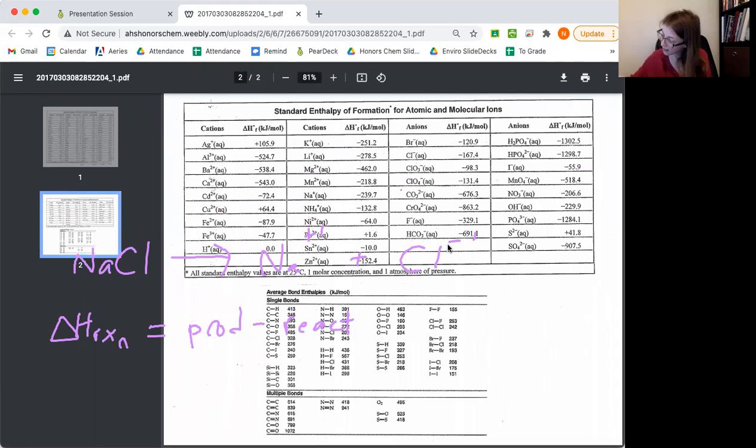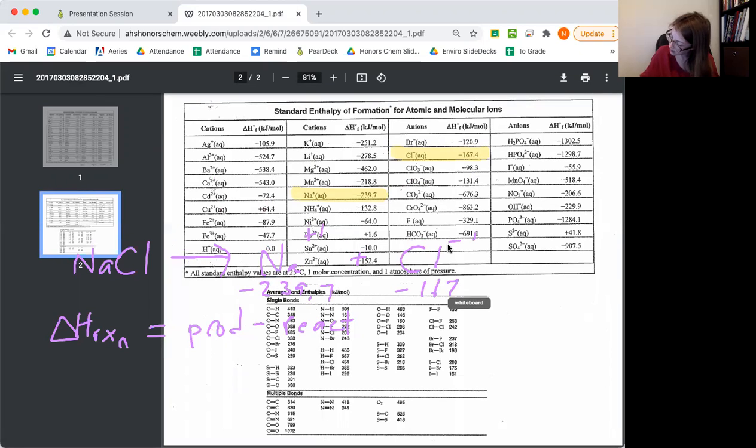So for Na+1, the sodium ion, we have a value of negative 239.7. For the chlorine ion, we have a value of negative 167.4. Let me write those down actually. So sodium is negative 239.7.